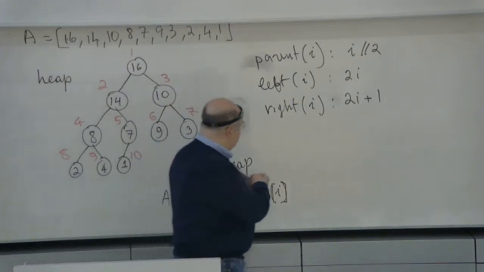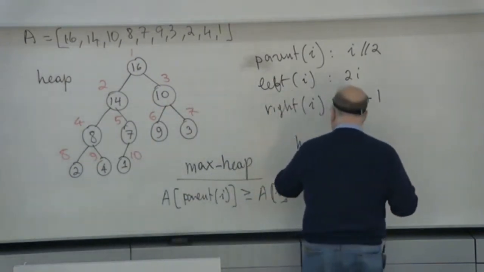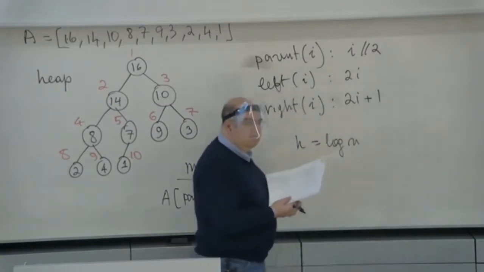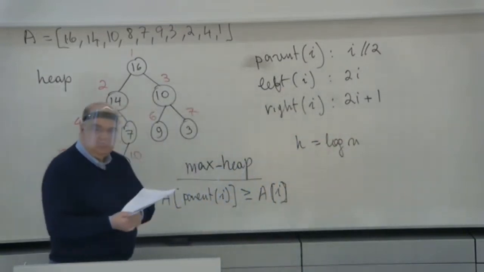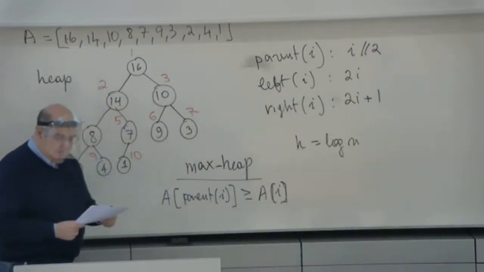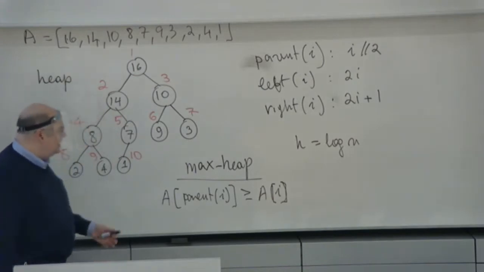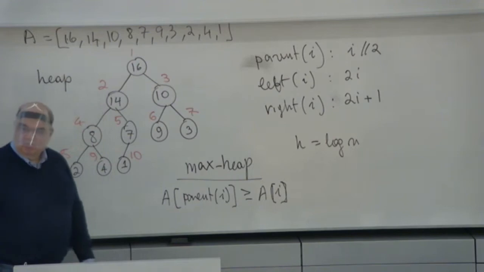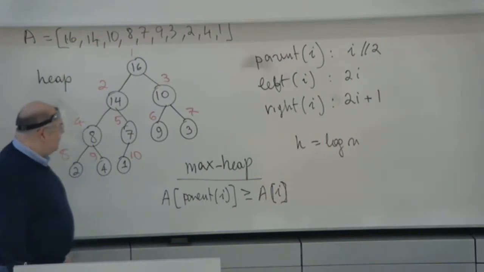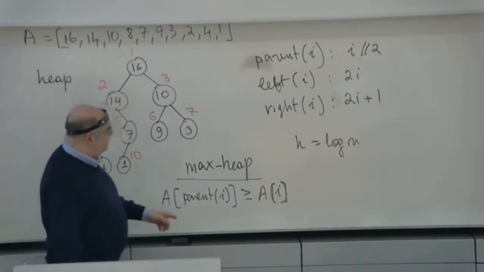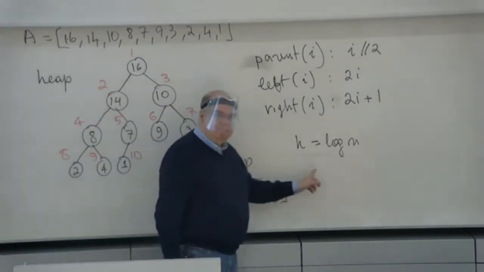So essentially, the height of a tree is big O of log n. When we are doing computational complexity analysis, we are not worried about constants. So this is what relates the two quantities, the height and the size of the array.